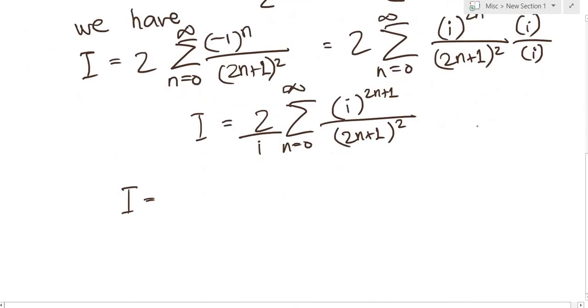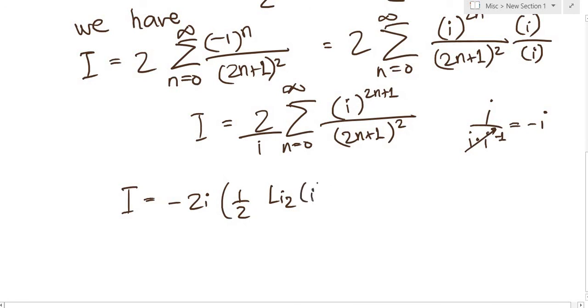Let me remind you that 1 over i is negative i, because if you multiply and divide by i, i squared is negative 1, so i over negative 1 is negative i. So we have negative 2i, and then by the formula we have half of the dilogarithm of x, or whatever was within this 2n plus 1th power, so in this case it's i, minus half of the dilogarithm of the negative argument, negative i.